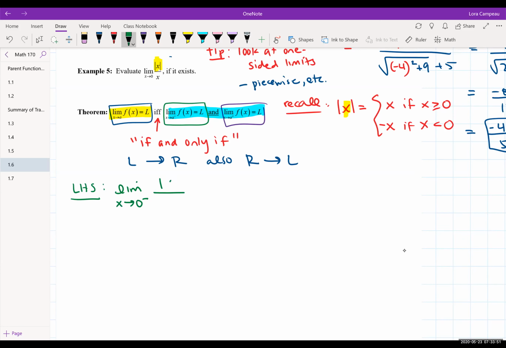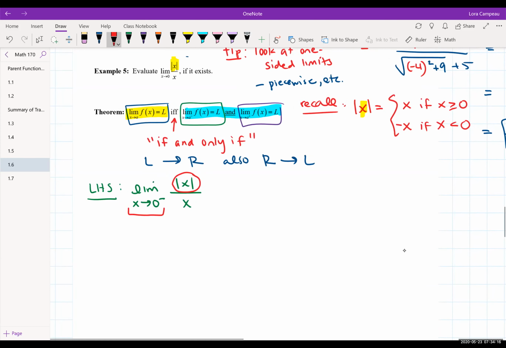So we're just rewriting this. And really this negative side and positive side is only going to affect what we're dealing with in this absolute value of x. So just make sure when you're going through this, if you're talking about approaching 0 from the left-hand side, you can even break this up with a quick number line if you'd like.